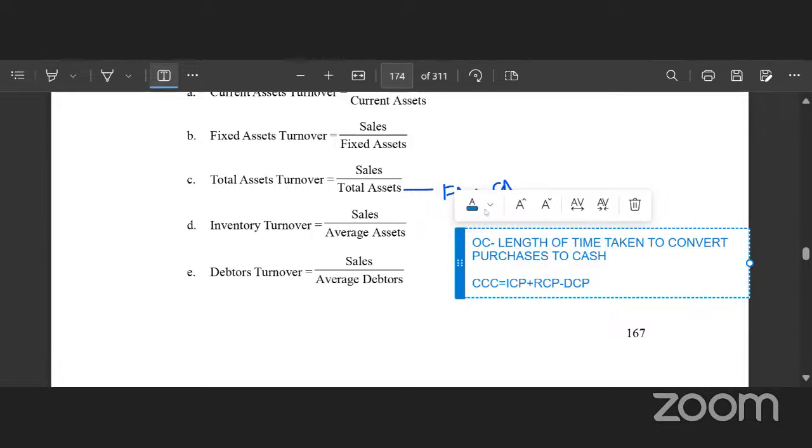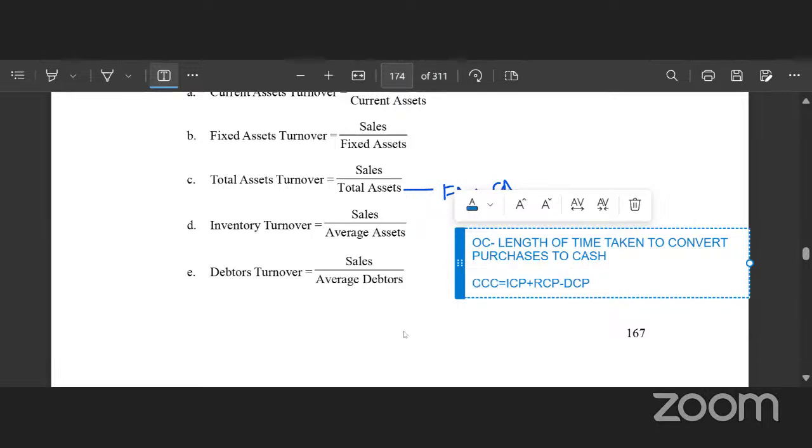You want the inventory conversion period to be low, the receivables conversion period to be low, and the payables conversion period to be generally high, so that your cash conversion cycle will be low.